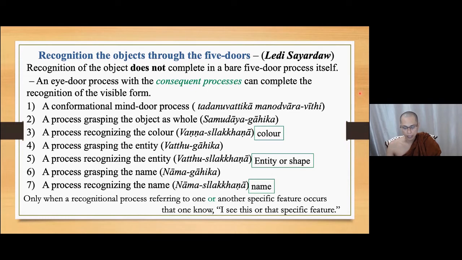If we study the cognitive process, we should know how we see, in a very simple way. Through the eye door, the process of eye consciousness arises and we see. But actually, we just see, and it does not stop there.